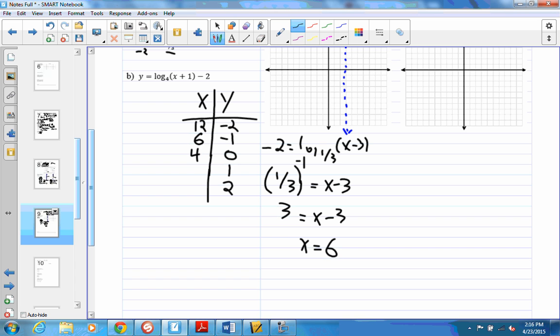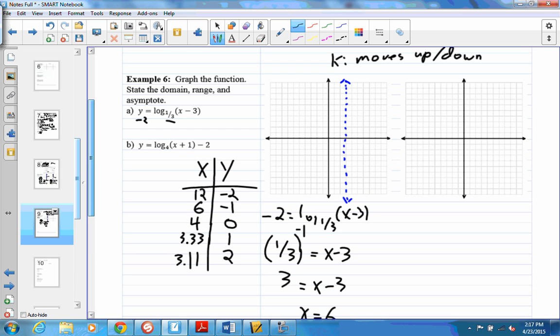Give me a decimal. 3.33 is good. All right, let's do 2. 1/3 squared is 1/9, plus 3, 3.11, that'll work. Good, so let's graph that.